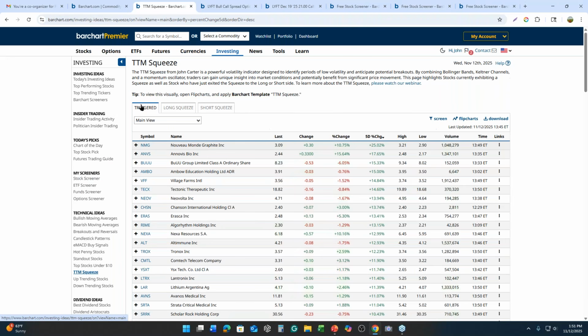The long squeeze is where we get a green dot firing, with a positive histogram and positive price action. The short squeeze is a green dot firing where we have negative price action and the negative histogram. All right.